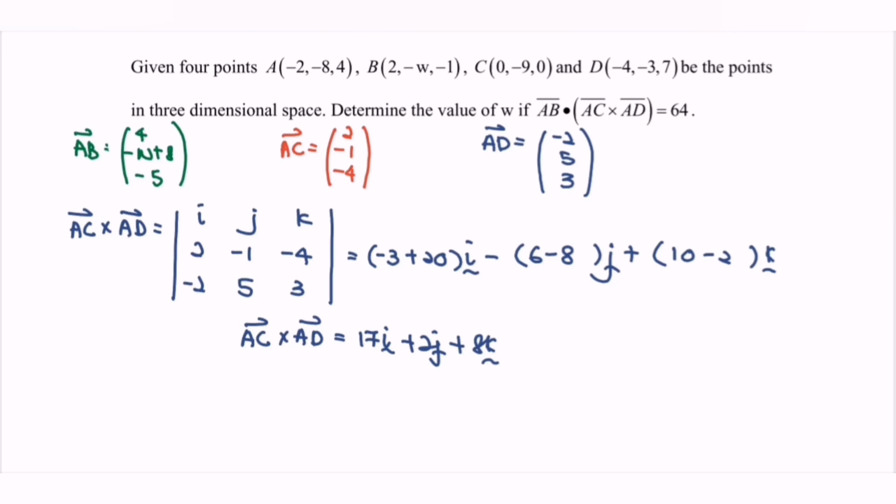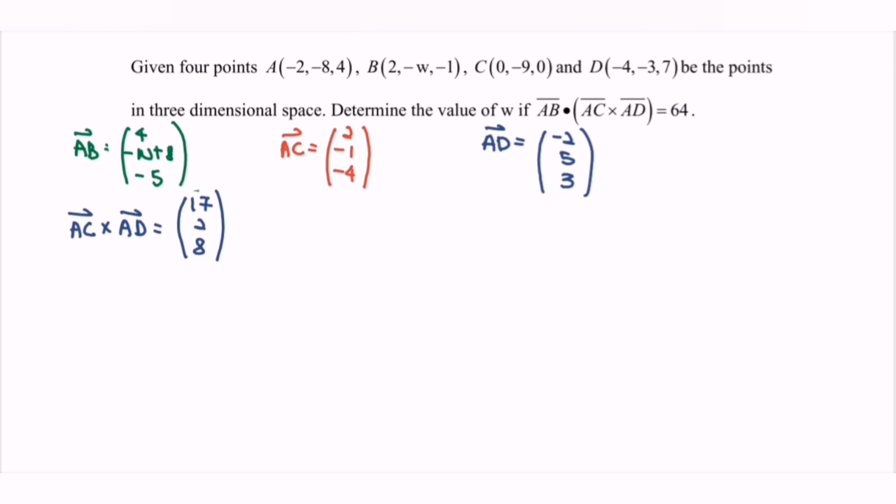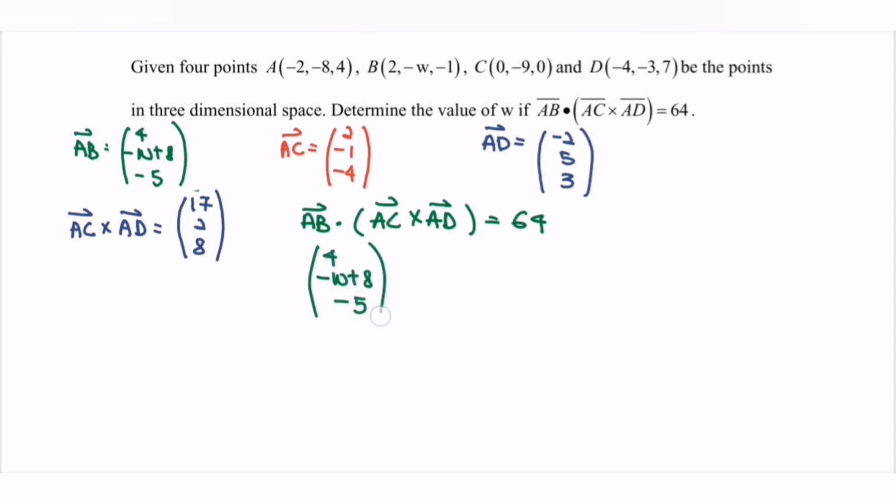So here we have the direction, or to be specific, it is normal to AC and AD. Referring to the question, determine the value of W given that vector AB dot AC cross AD equals 64. So kindly substitute the values.